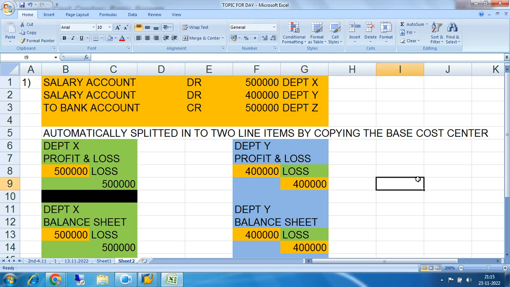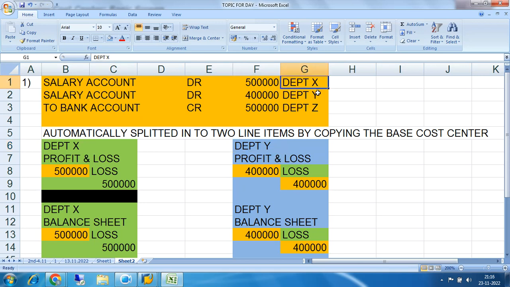So once the money has been paid from department Z, how will the profit and loss account and balance sheet of department X, department Y and department Z be balanced?